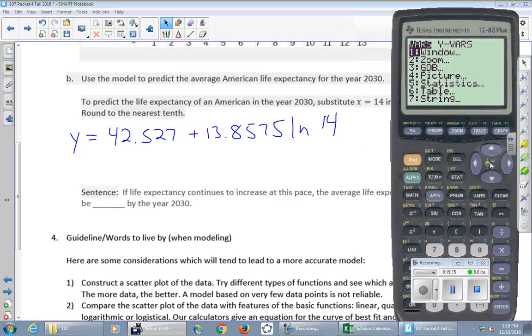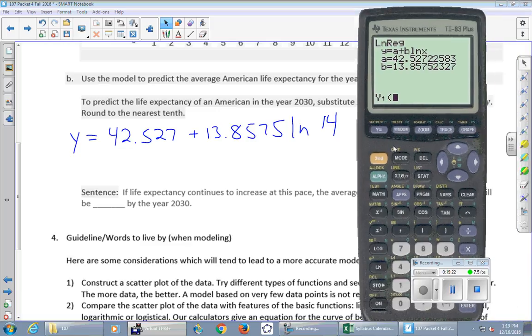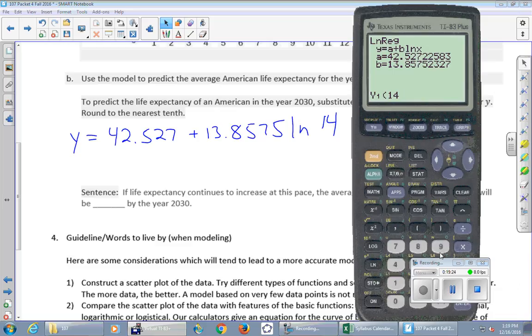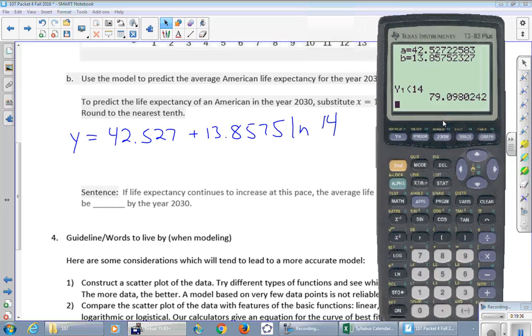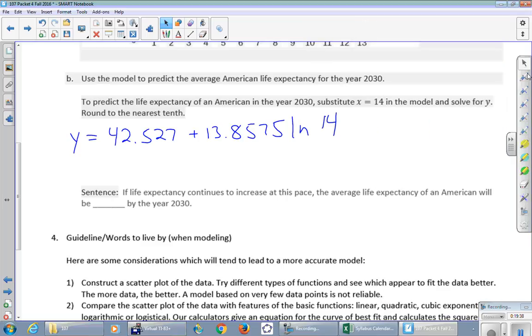If I go into VARS and then to the right, and then say y1 of what number? 14. This is just our way of saying plug 14 in for the x. This is the most accurate answer the calculator can get, and a whole lot less typing than writing all this and then typing all this. That's the best way to do that. Okay, so about 79.1. Sounds good to me.